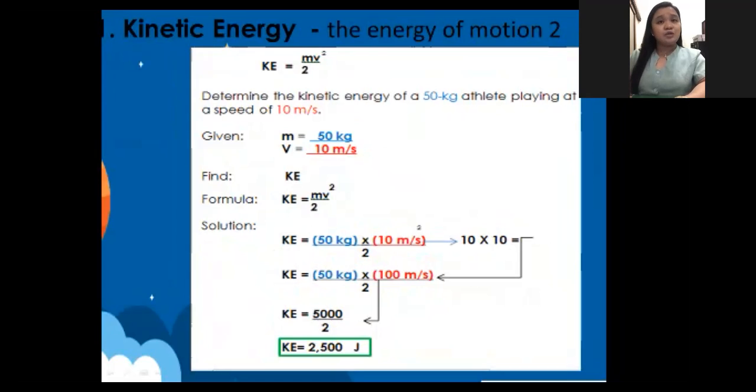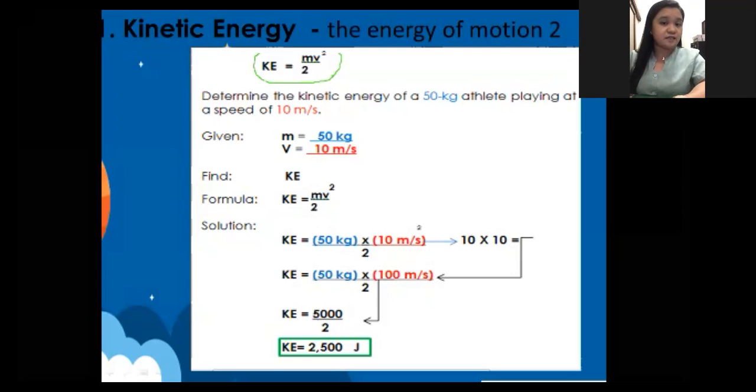Here we have a formula for kinetic energy: kinetic energy is equal to mass times velocity squared over 2. Again, don't forget that. Can you repeat? Say KE, or kinetic energy, is equal to mv squared over 2.